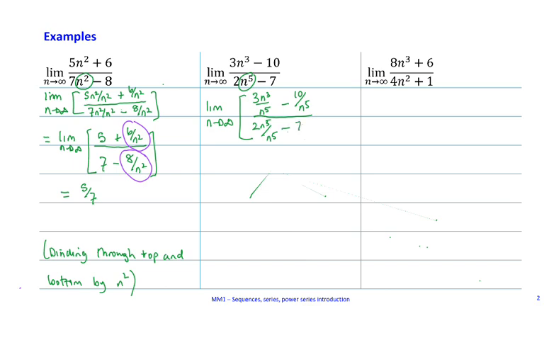So we have the limit as n goes to infinity of (3 over n squared minus 10 over n to the 5) over (2 minus 7 over n to the 5), which is going to equal, what do we have on the top? We got 0, so it's 0 divided by 2, so it's going to be 0.